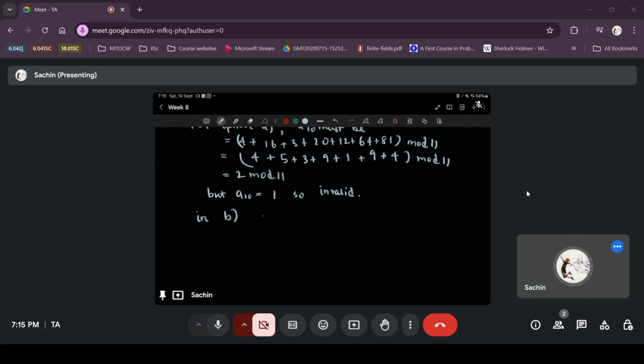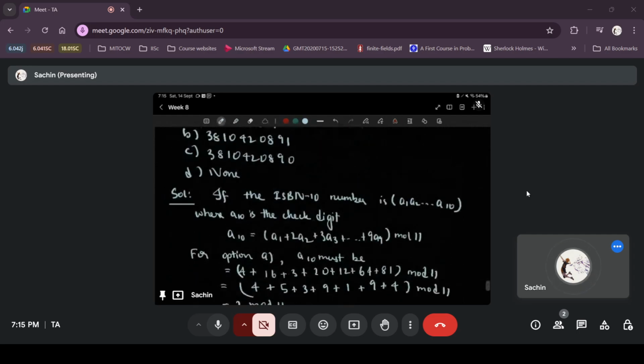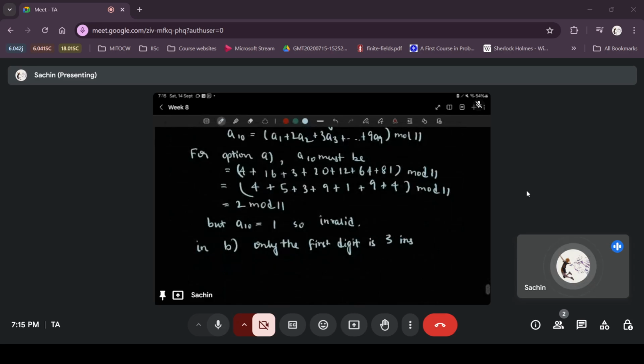In B, only the first digit is 3 instead of 4. So 3 plus 16 plus etc. plus 81 mod 11 is nothing but, since 3 is 1 less than 4, you're adding 1 less than the previous sum. So this is the same sum where 4 is replaced by 3, so it will be 1 less. So it is 1 mod 11. This is A10.